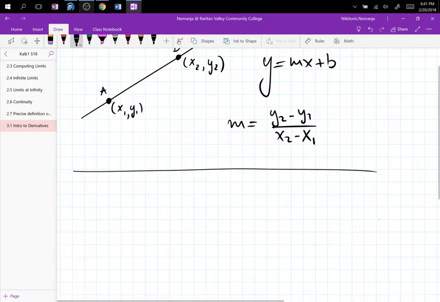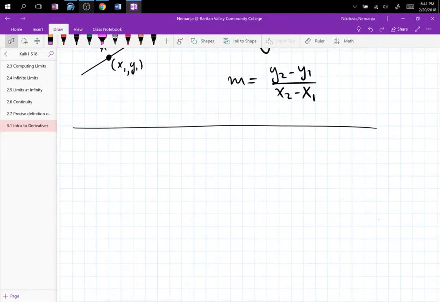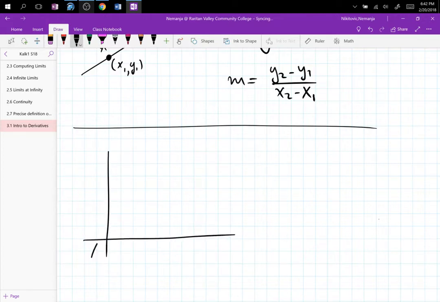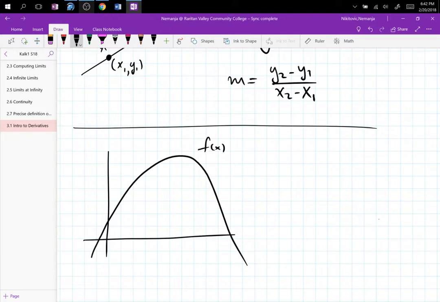Now, I'm going to introduce some pre-calculus into the mix. So we are going to look at a function f of x, and then have 2 points on that function.